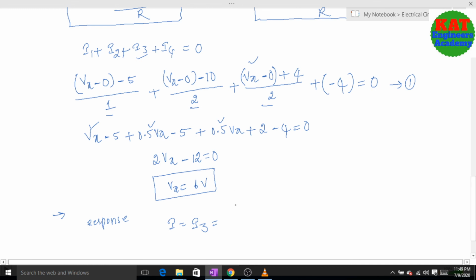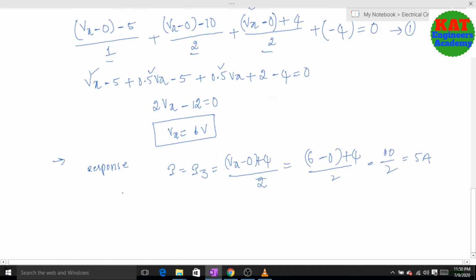So I3 equals Vx minus 0 plus 4 by 2. Vx is 6, already we determined, so 6 minus 0 plus 4 by 2. So 10 by 2 equals 5 amps. So finally our answer is I equals 5 amps.